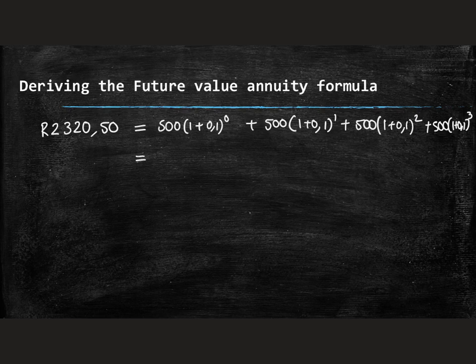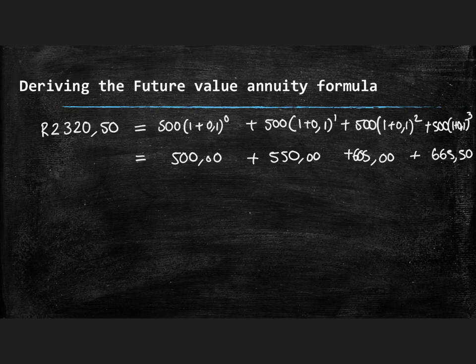If we look at these numbers, this number which was 500, this number which was 550, this number which was 605, and this number which was 665.50.